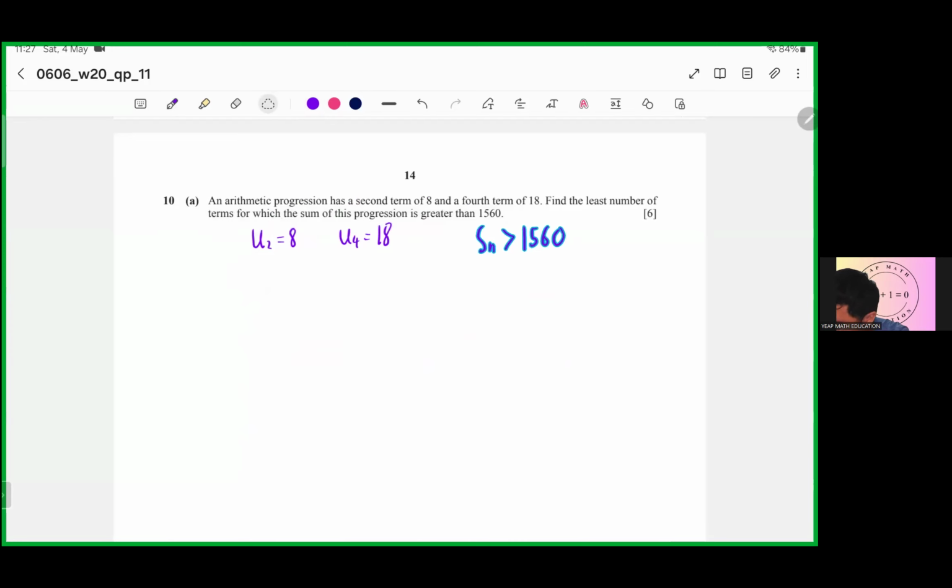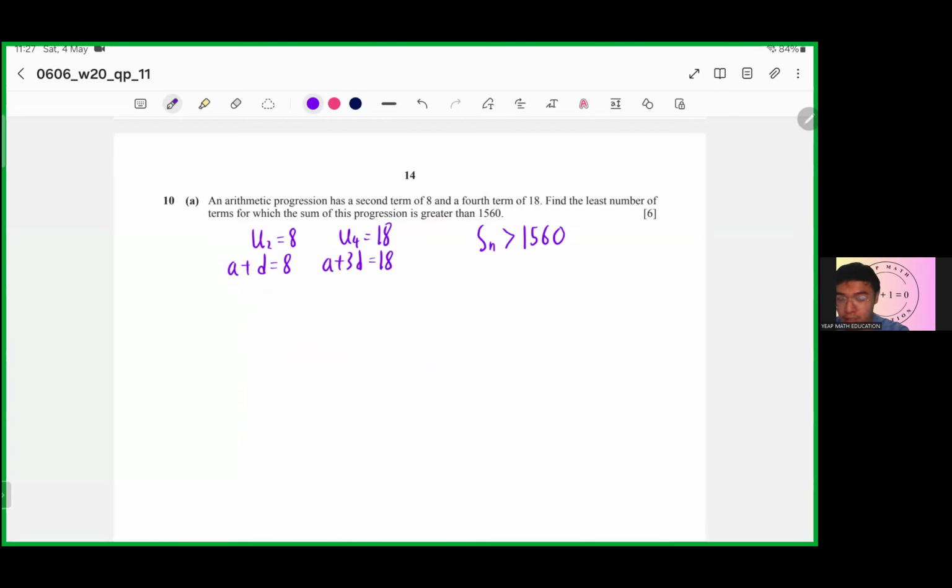Okay, so first we need to find the first term and common difference. A plus D equals, A plus 3D equals 18.